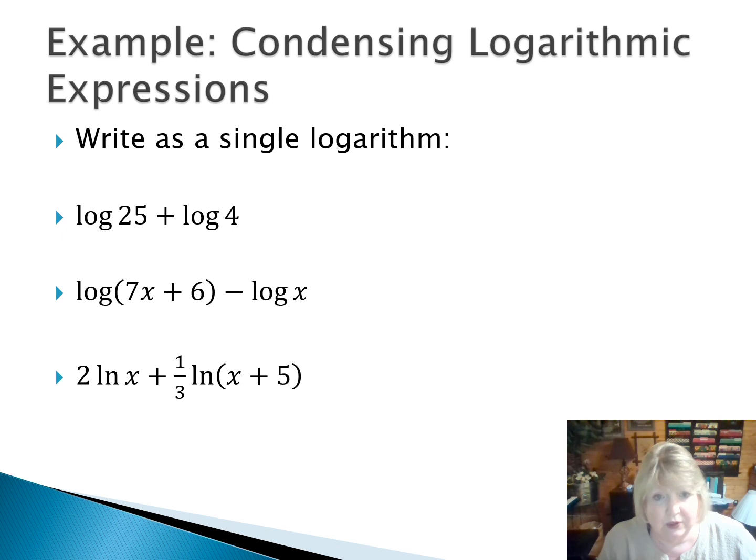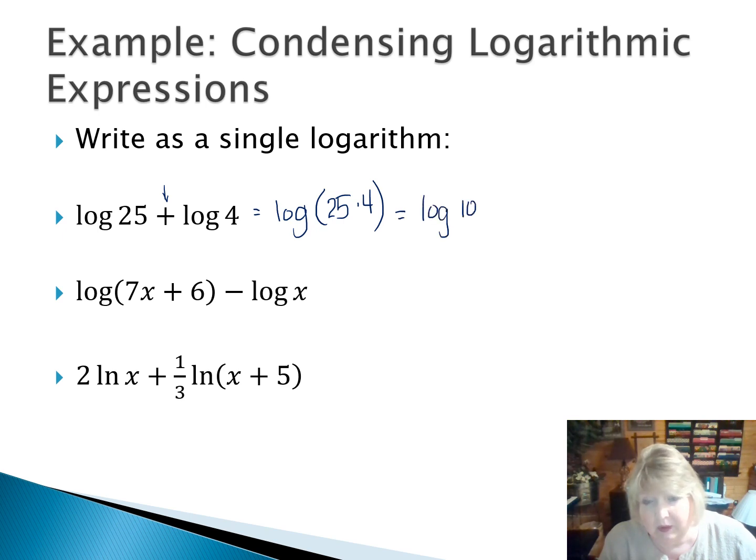So for this first one, log base 10, the common log, of 25 plus log of 4. Since that's a plus, I'm going to write it as a multiplication, a single log where I'm going to multiply 25 times 4. Now I don't get to leave it like that because I can multiply 25 times 4.